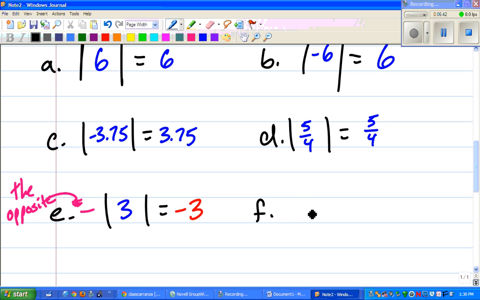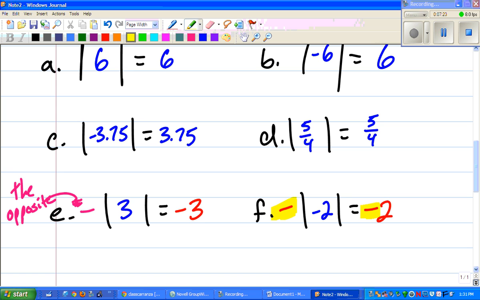So that's what makes it -3. Okay, same with this next one. We have the negative out front. So what is the opposite of the absolute value of -2? Okay, so the absolute value of -2 is 2, but the opposite of that is -2. So the key thing to remember here is if the negative is outside, it affects your answer. Okay.